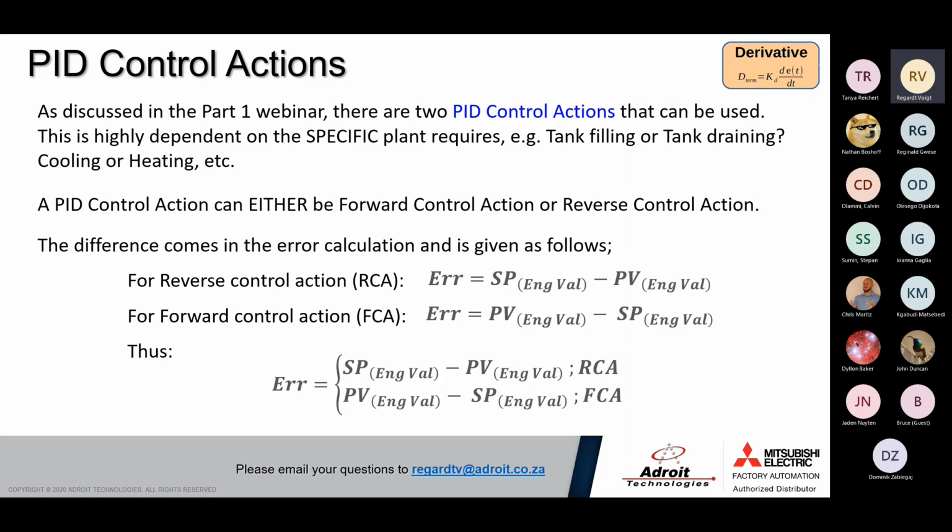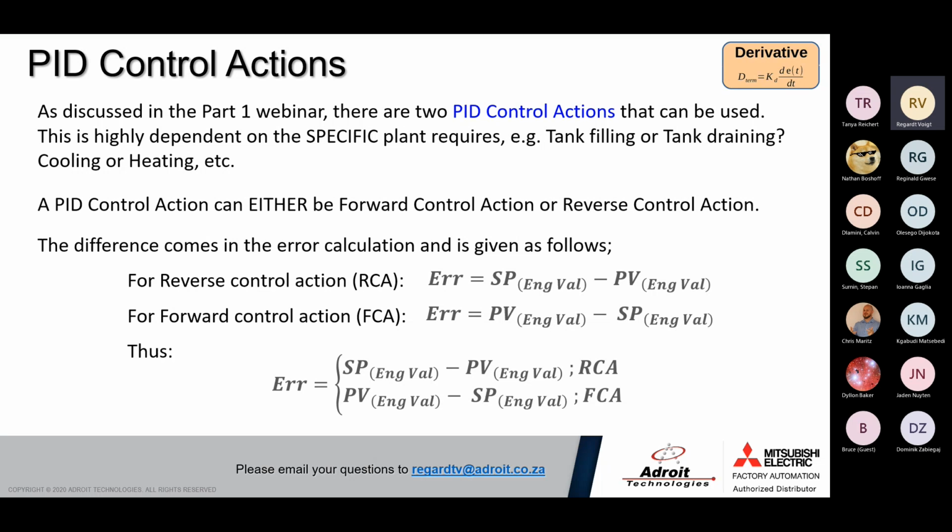So how does that apply to a physical practical example of a plant? If you have a thermocouple or RTD in a furnace, and you want the furnace to heat up, for metal or so on, that would be a reverse control action.